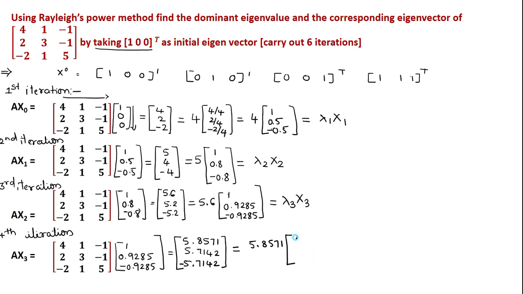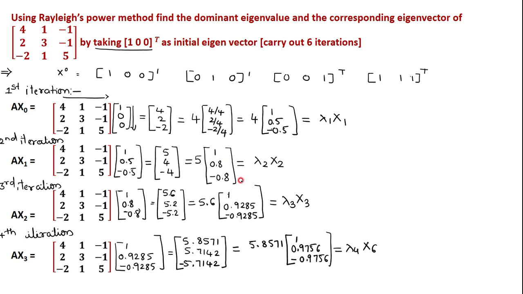Take that common and write the matrix. It is 1, 0.9756, minus 0.9756. So this is written as lambda 4 into x4. The fourth approximation for the eigenvalue is 5.8571 and the corresponding eigenvector is 1, 0.9756, minus 0.9756.